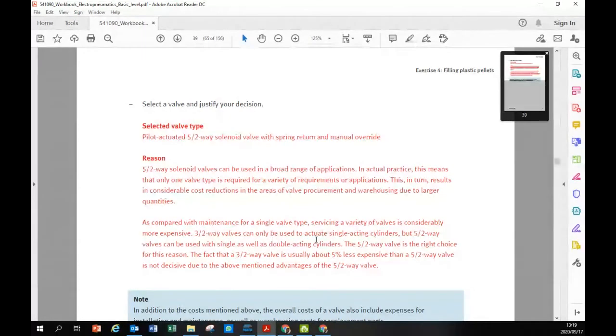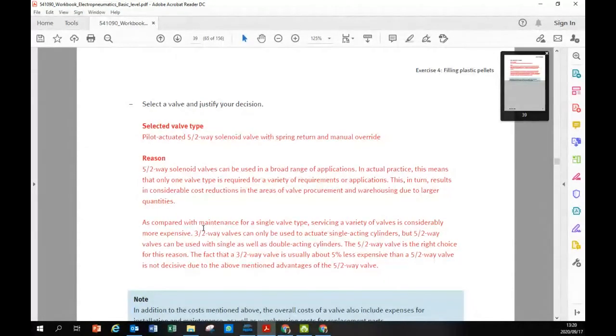3-2-way valves can only be used to actuate single-acting cylinders, but a 5-2-way valve can be used with single as well as double-acting cylinders. Therefore, it makes sense to buy a 5-2-way valve. The fact that a 3-2-way valve is usually about 5% less expensive than a 5-2-way valve is not decisive due to the above-mentioned advantages of the 5-2-way valve.